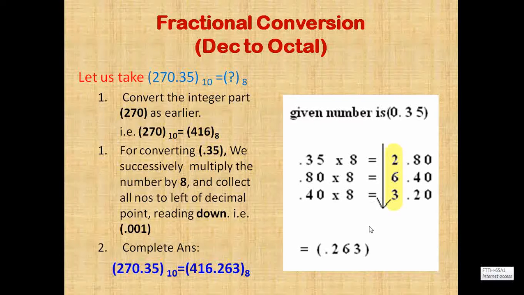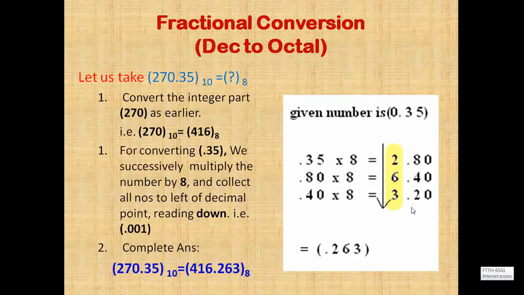This process should continue till we get 0 in the fractional part, right? But in some cases it won't become 0, because there may be some numbers which do not become 0. So in that case we will stop this process after 3 or 4 steps.